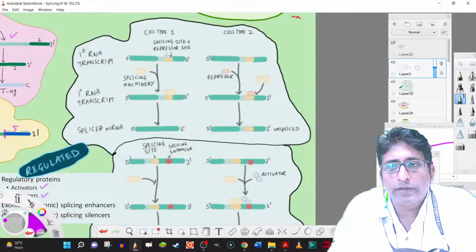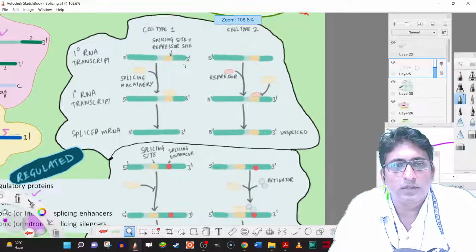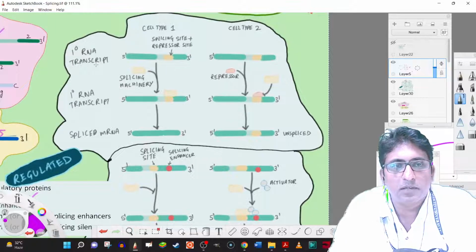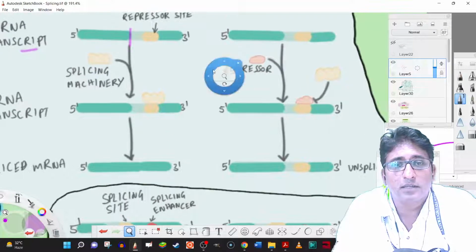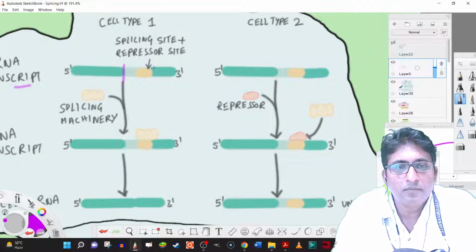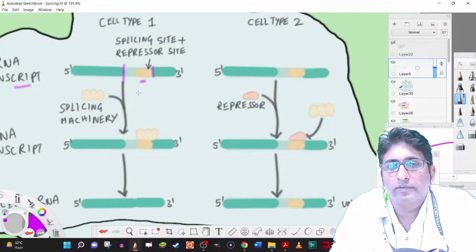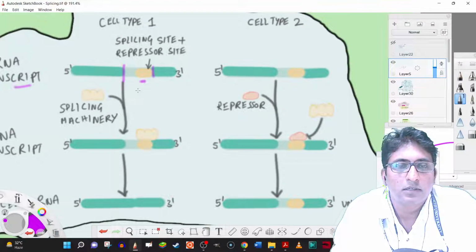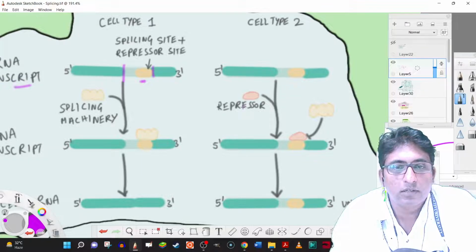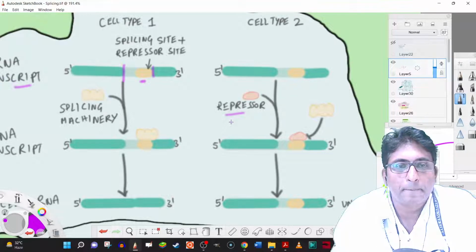Say here we have an mRNA, the primary RNA transcript. It has the 5' splice site, and it also has a 3' splice site. But there is also a site here, very nearby, onto which a protein could bind, and here it is called the repressor.